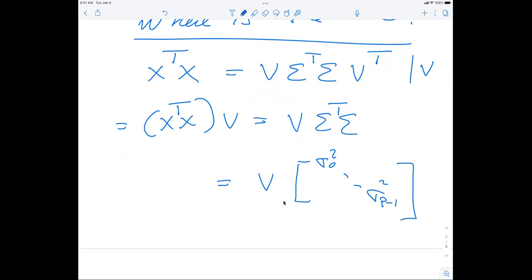So what kind of equation is this? It has a famous name in linear algebra. Remember that V has orthogonal vectors, right?